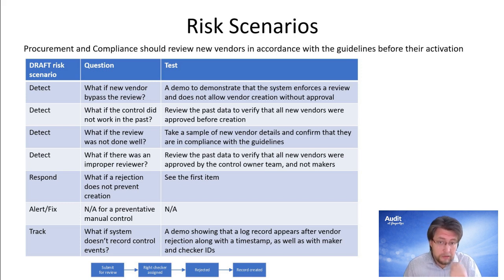Well, we can take a sample of the existing vendors, review the past data, and verify that there are records that they got those approvals. And remember, we are not questioning the design of the control. This is OET. We agreed that the controls are designed correctly. Now, next question to the detection. Okay, the reviews are done, and they were done in the past.